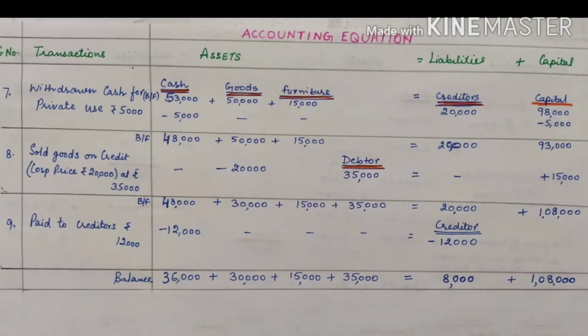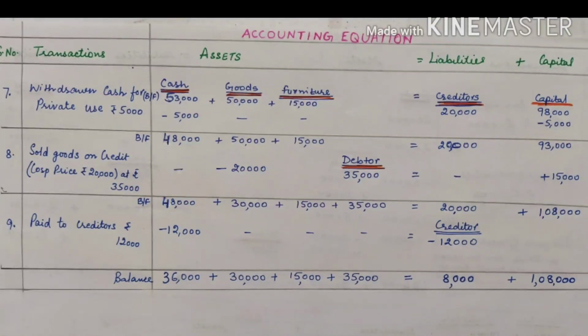The effect of the transaction in the accounting equation is that goods are reduced by 20,000, on the other hand debtor is increased by 35,000, and the difference of 15,000 becomes a profit which will be shown in the capital. It will increase the amount of capital.